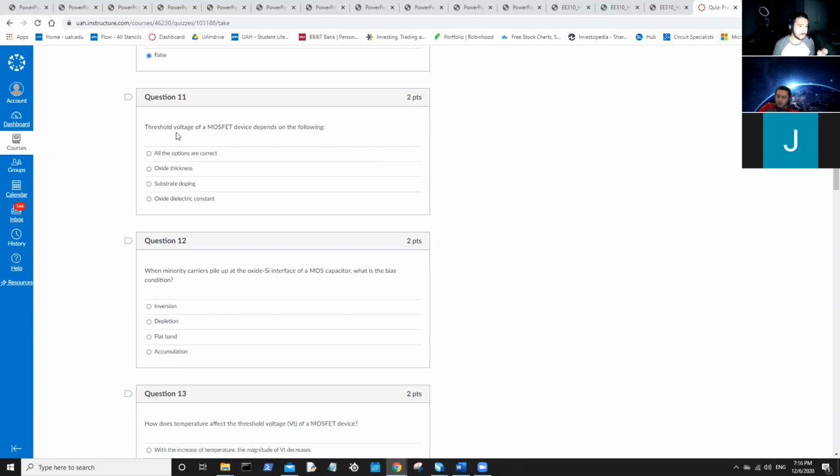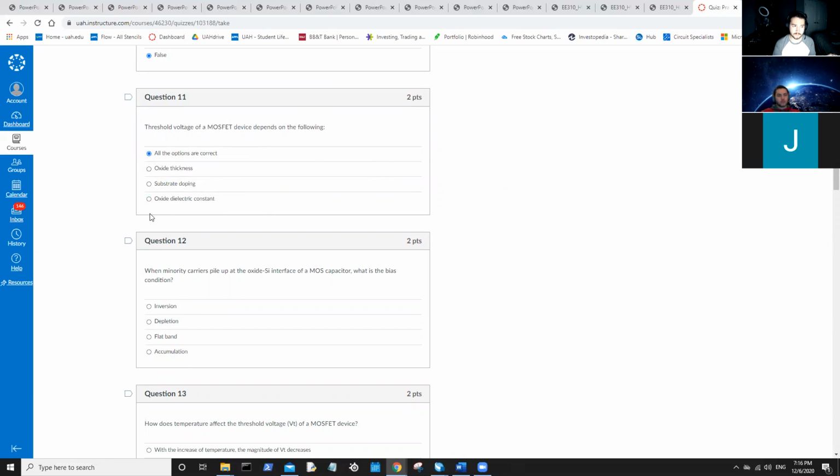Question 11, the threshold voltage of a MOSFET device depends on the following. This is something you literally look at the equation for threshold voltage. Whenever you do a problem that's about the MOSFET, you're always given this, this, and this. That's because the first thing you're asked almost every single time is what the threshold voltage is.